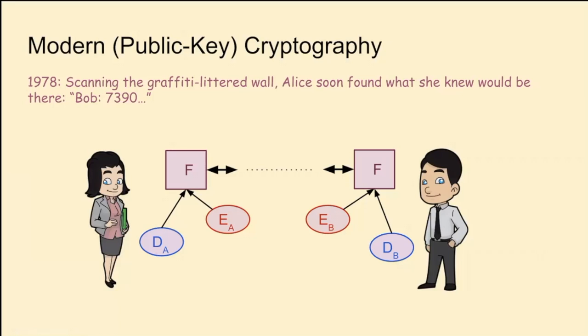That, I think, is why it took between 1976 and 1978 to make this real. The first paper that kind of speculated about what you could do if you had these pairs of keys was published in 1976. And in 1978, a sort of second paper was published.